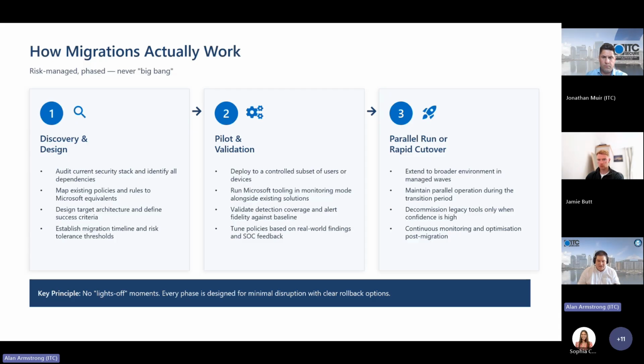We can validate all that by doing a couple of test migrations with trusted users, or testing within the business, in different business areas where you may have some different use cases or different scenarios. So once we've validated, we're then able to build that plan out for rollout and cutover.